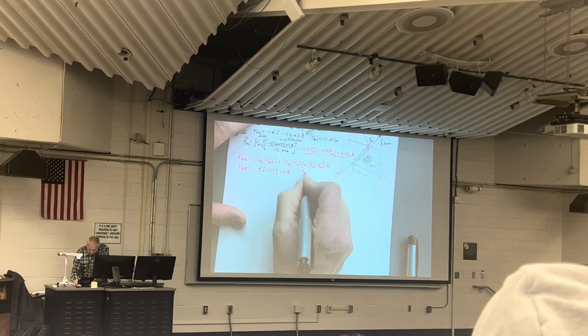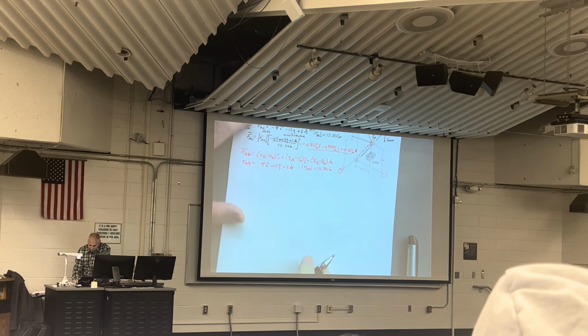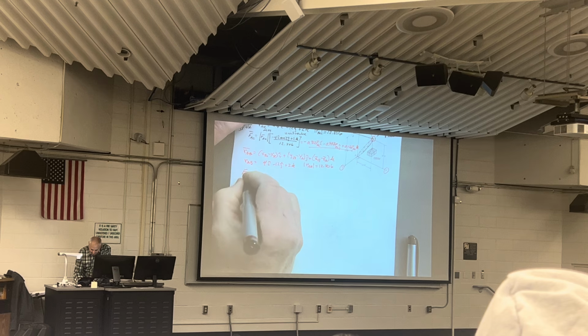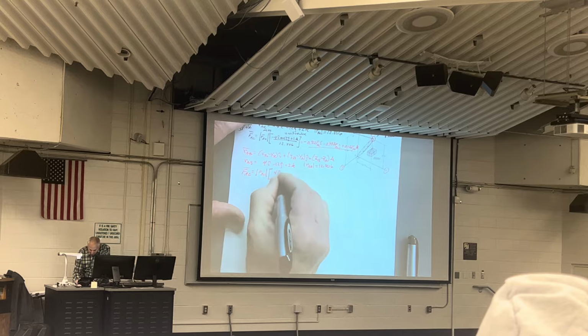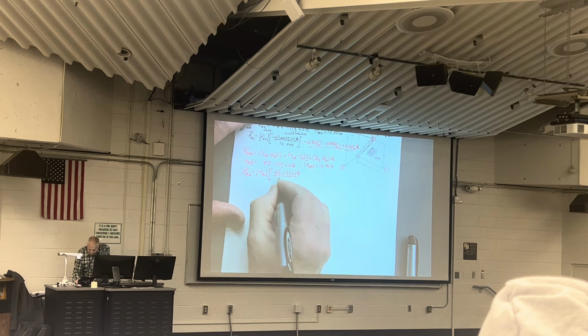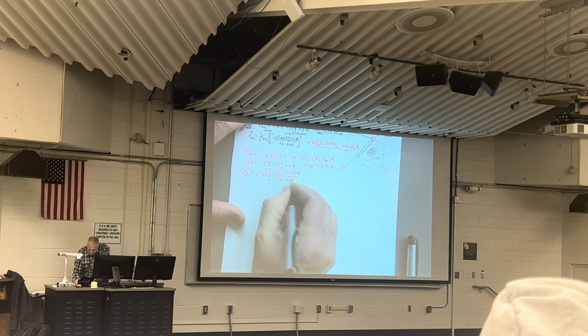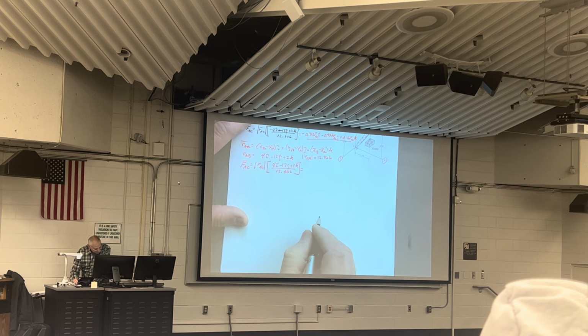Magnitude of RAB, obviously the same, 12.806. So FAC vector is magnitude FAC times the unit vector 4I minus 12J plus 2K. Divide this by 12.806. What's the difference? The difference is the minus signs.